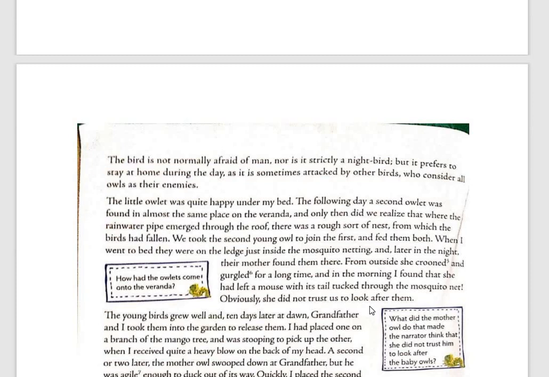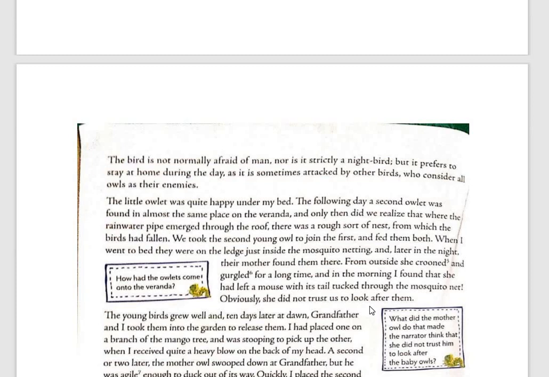The narrator is saying that we often say it's a night bird, but the real thing is that it prefers to stay at home during the day, as it is sometimes attacked by the other birds who consider all the owls as their enemies. So here he is making it very clear that it is not a typical night bird, or you can't say it's a fixed fact that an owl is a night bird.